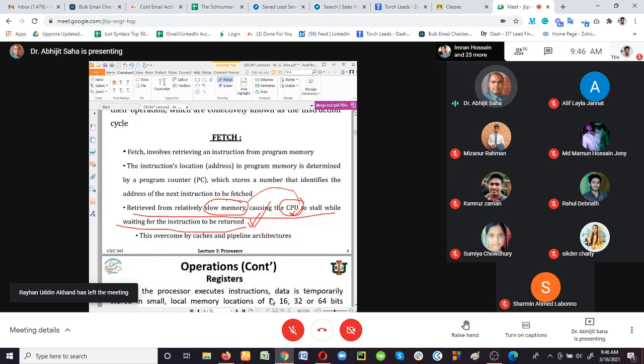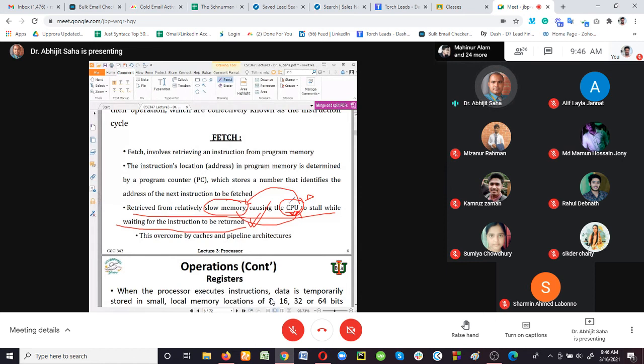When the CPU is requesting an instruction from the memory, it is going to stop working, it is going to pause, until it retrieves the instruction it was looking for. Then it is going to continue its operation. That is the main problem.